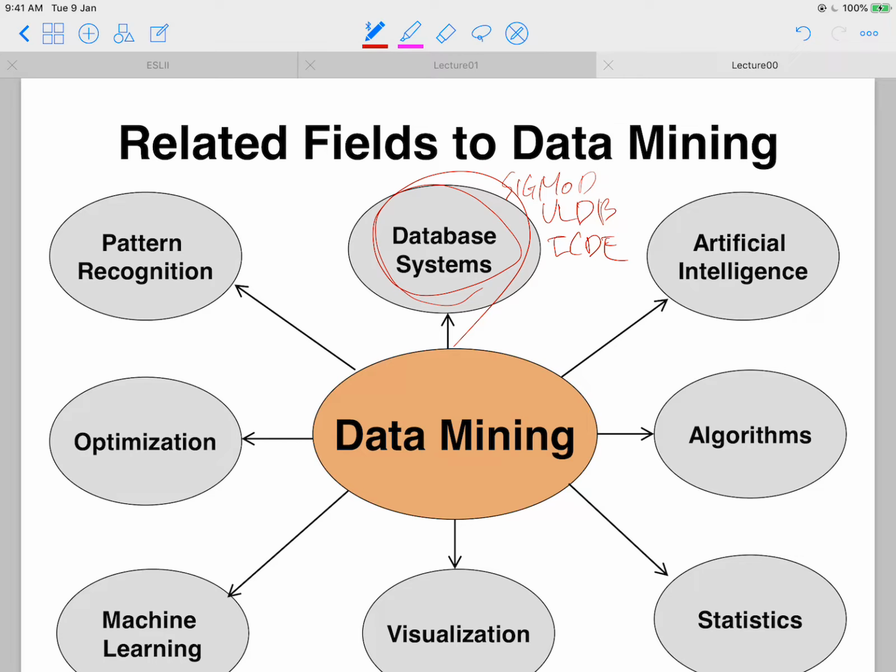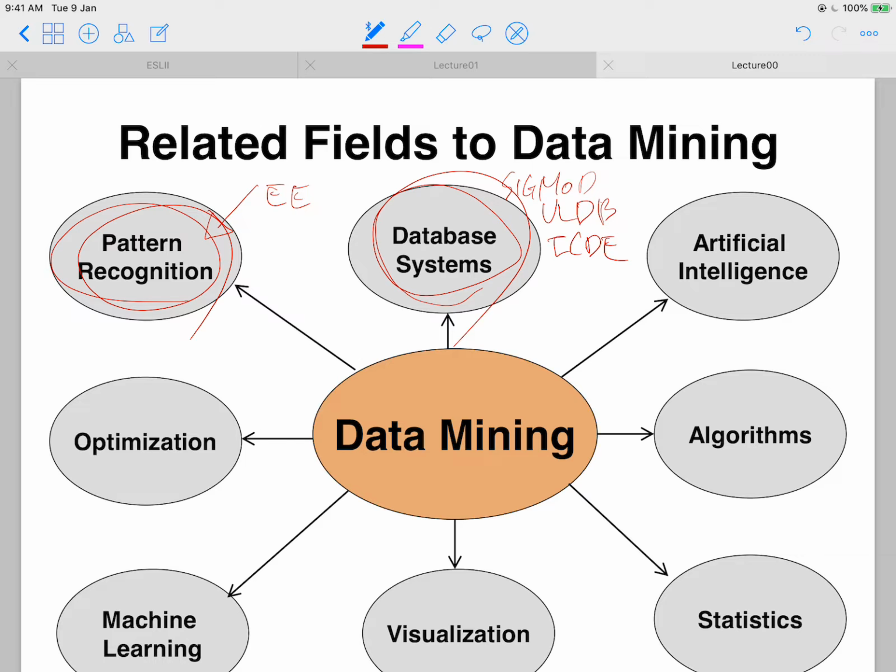And just to give you an idea about these terms, pattern recognition is almost the same as machine learning, like supervised learning or classification or regression. But in general, pattern recognition belongs to the electrical engineering discipline rather than computer science.